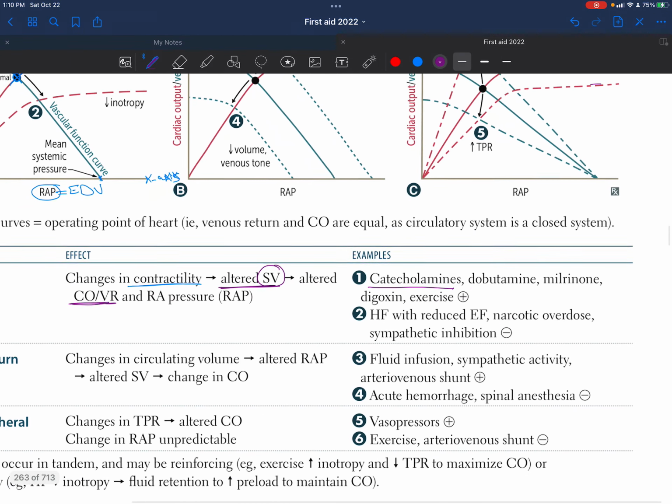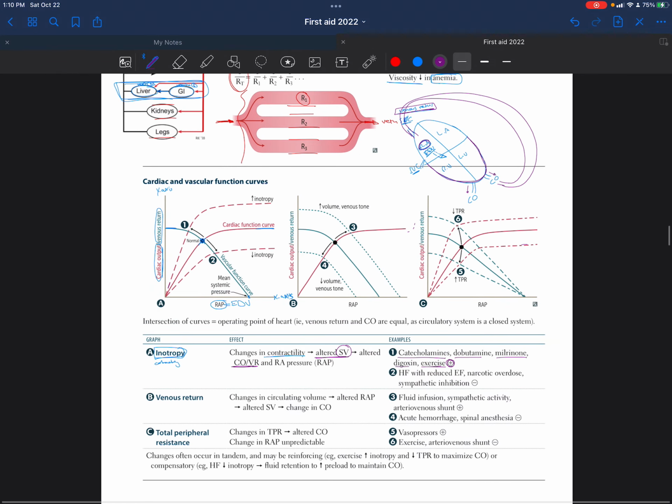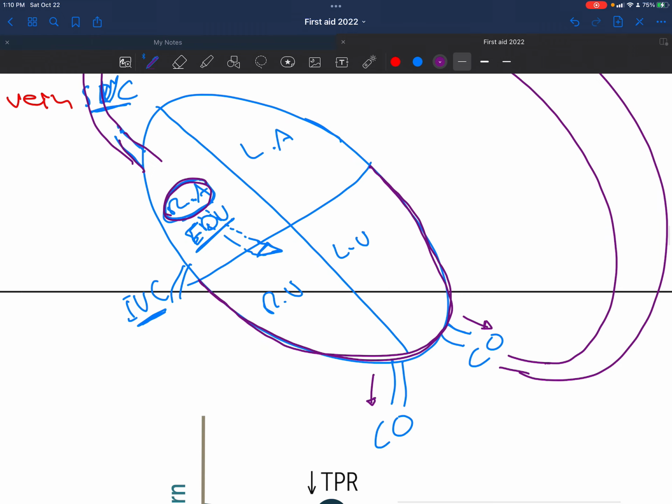For example, if we give a patient dobutamine, milrinone, or digoxin, or if he's a normal person doing some exercise, we are increasing the contractility, that is the inotropy of the heart. The inotropy is only affecting the heart itself. It does not affect the vessels.